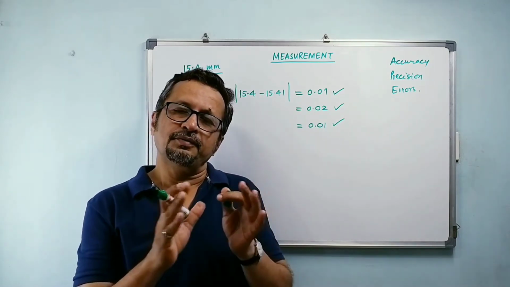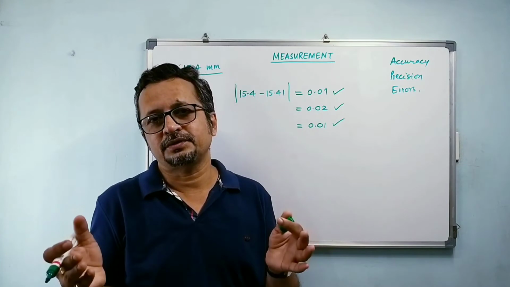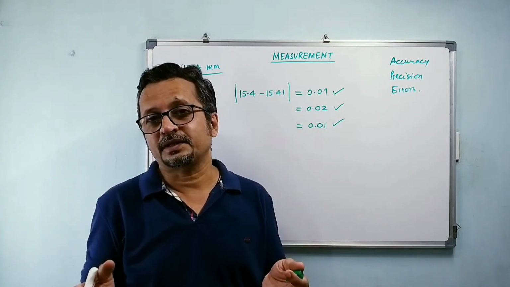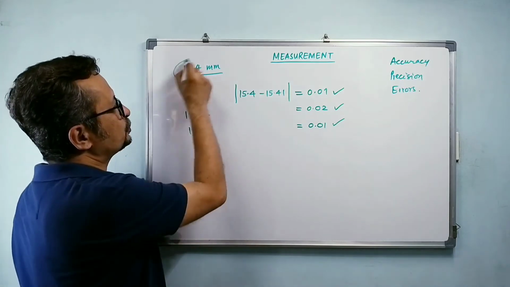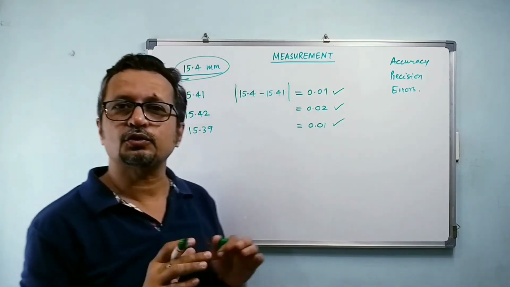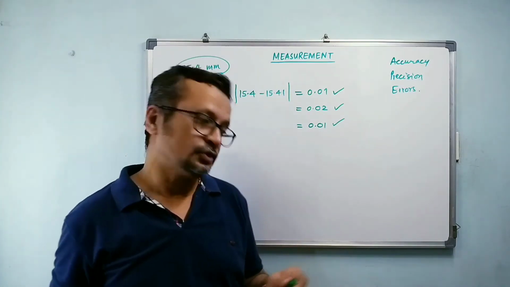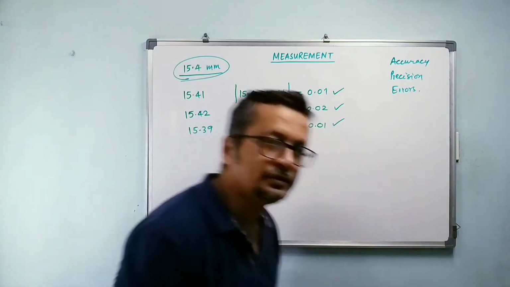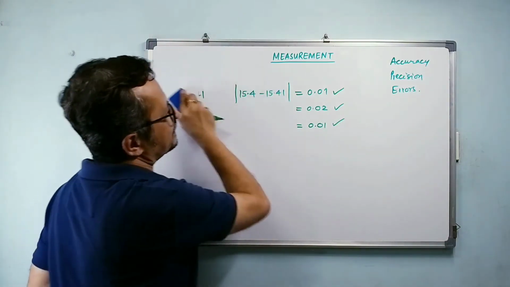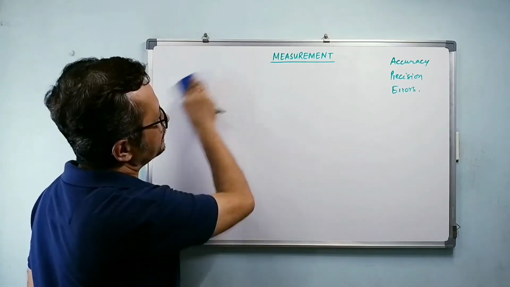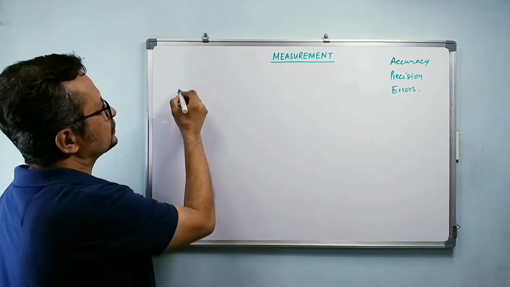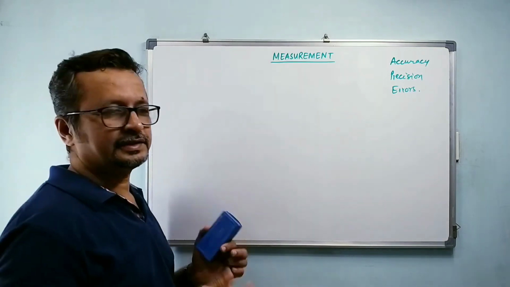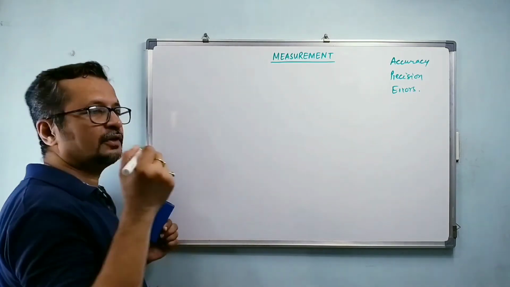But then, while experimenting we follow a certain procedure. In experimenting, no one has told me the true value. So what do I do? I take multiple readings. So I have to measure, let us say, the diameter of a sphere.